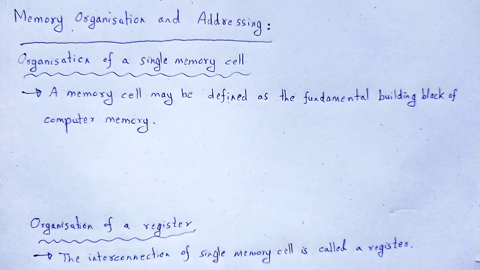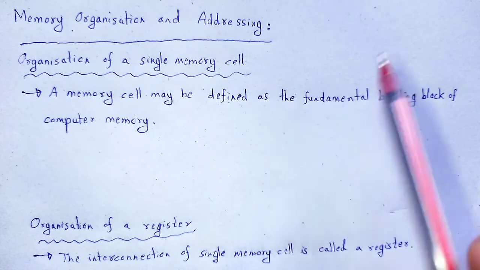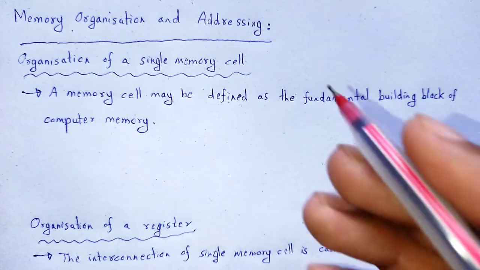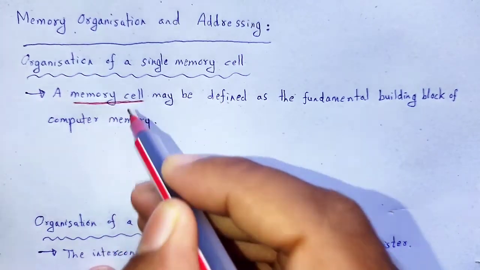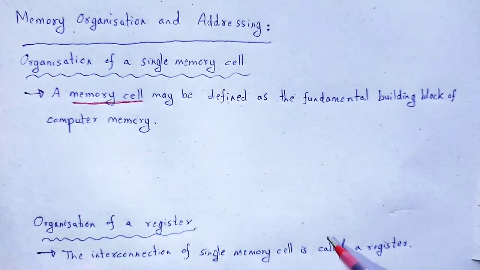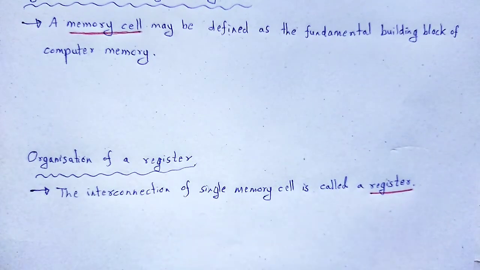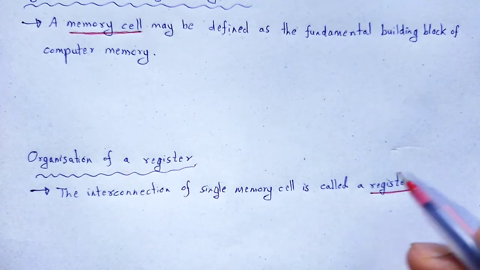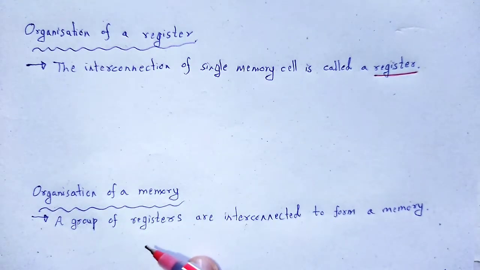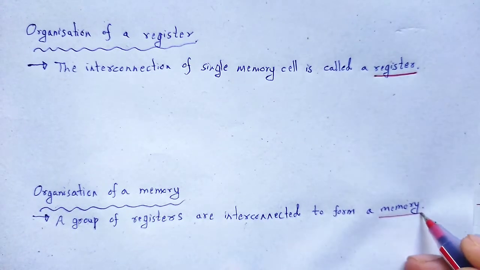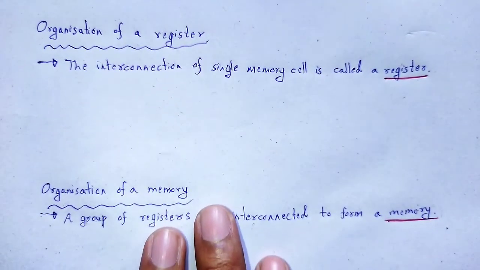In that way, when we are dealing with computer memory, the fundamental building block of computer memory is the memory cell. Then the interconnection of single memory cells is known as a register. Then a group of registers are interconnected to form the memory. First memory cell, then register, and finally we have the memory.